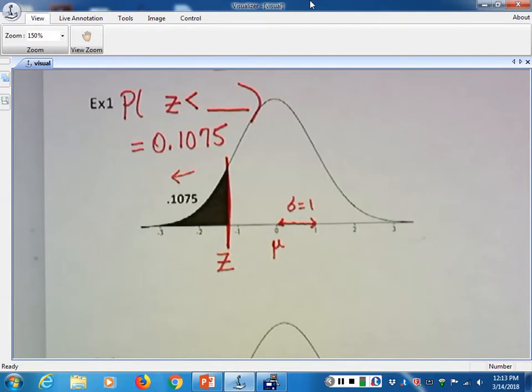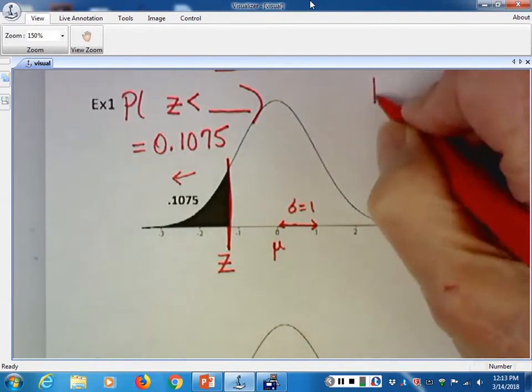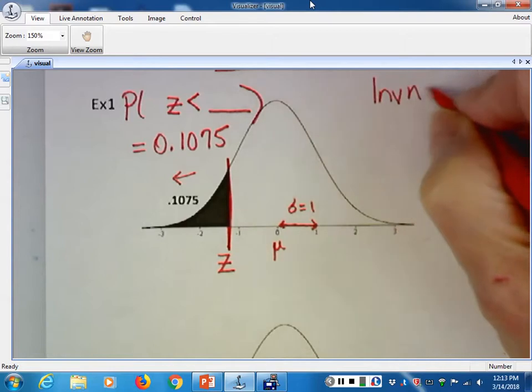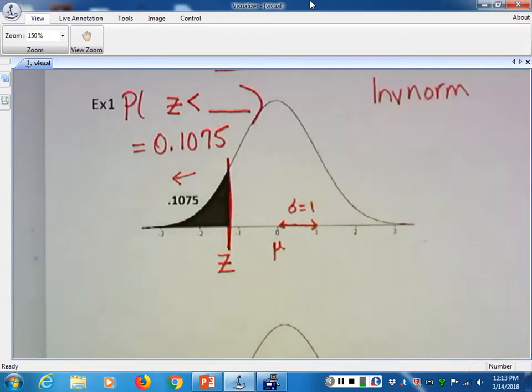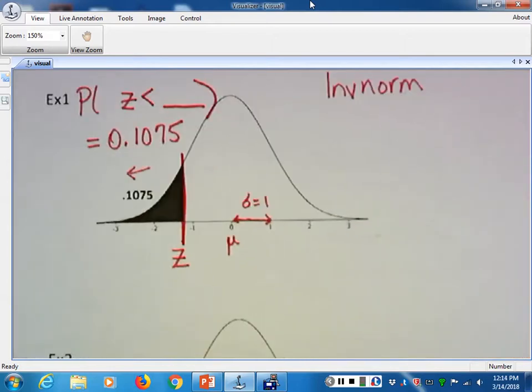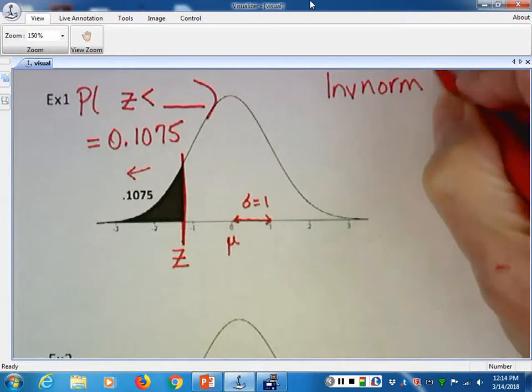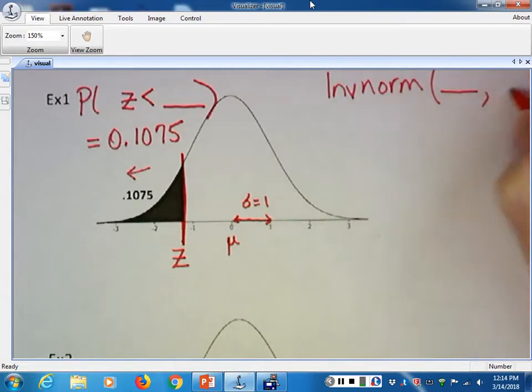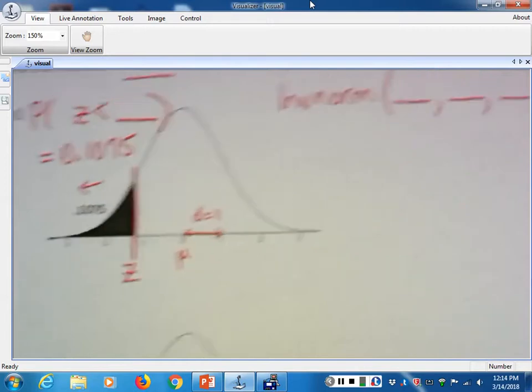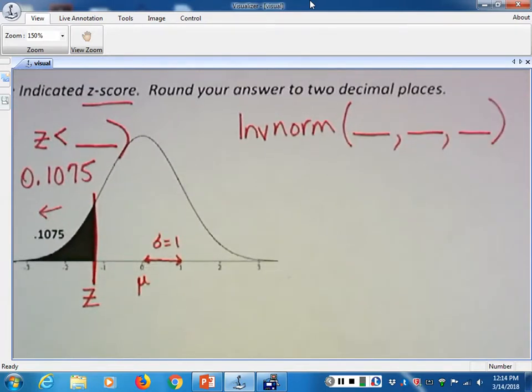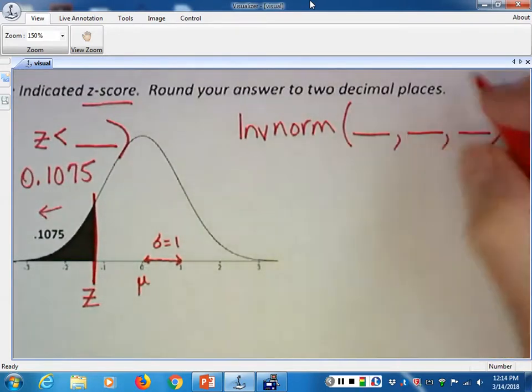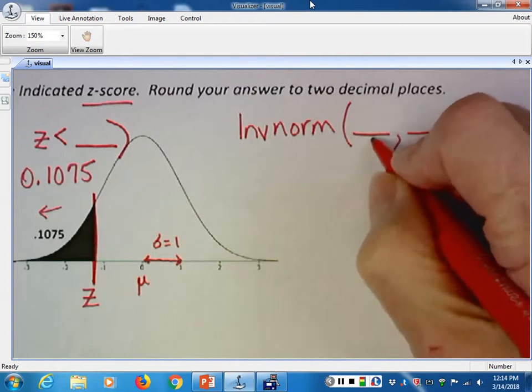The command to do that is inverse norm, and this one only has 3 blanks. The first blank is going to be the area to the left.